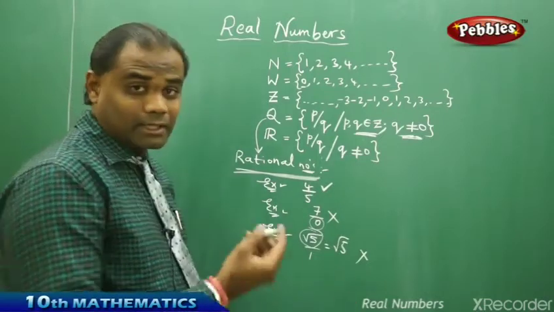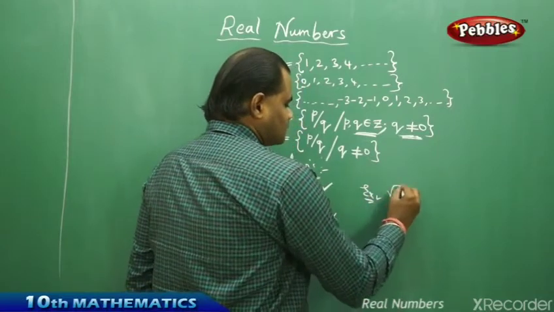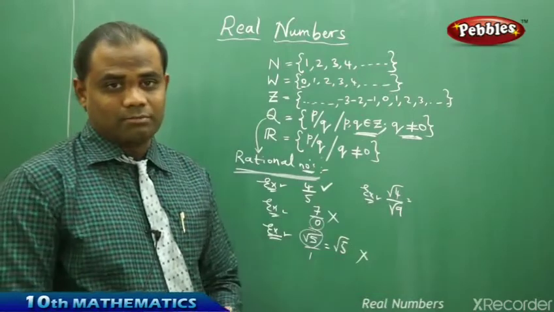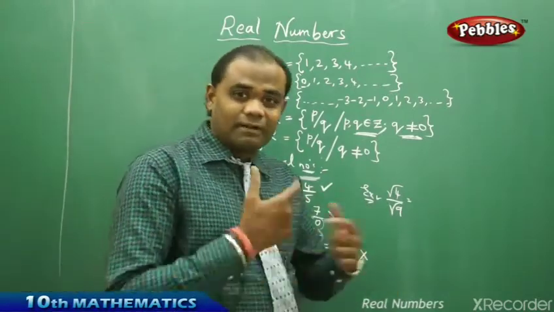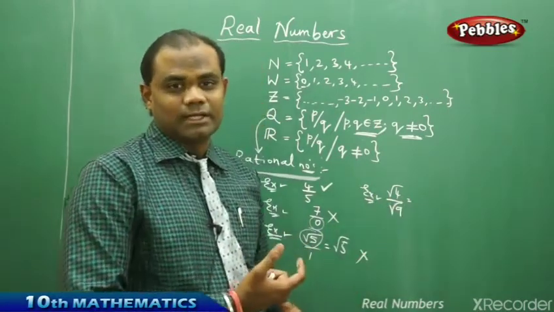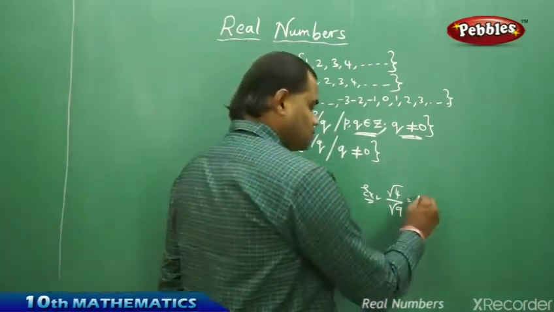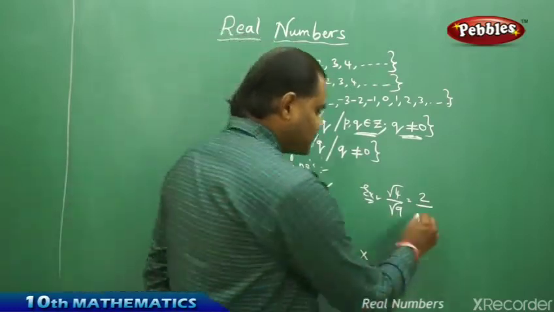Similarly, if I take a further example, say root 4 by root 9, I want to test whether this is a rational or an irrational number. So I simplify it to see whether it can be simplified further. We know that the square root of 4 is 2, and we also know that the root of 9 is 3.